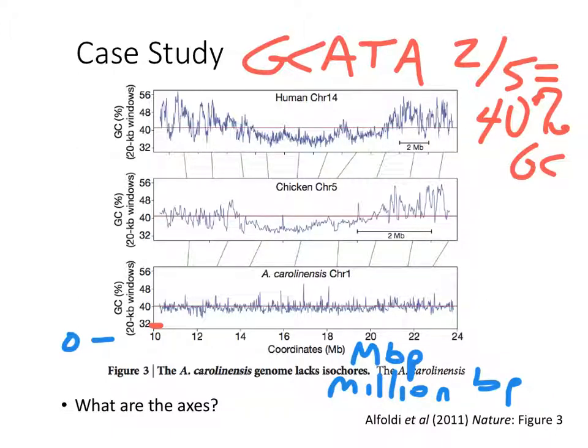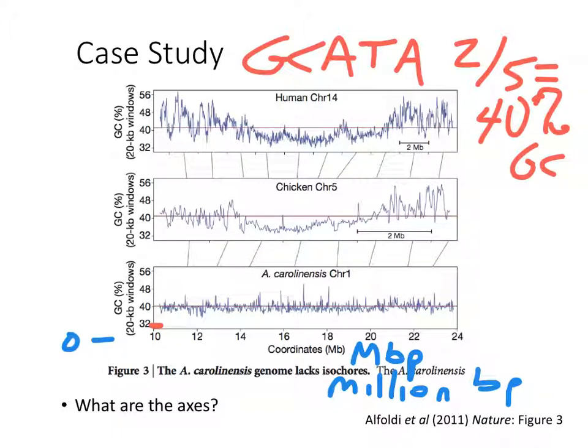So that's what these scientists are doing. They're just doing it on huge stretches of DNA, 20,000 nucleotides at a time. They say, what's the percent of the nucleotides in this part of this chromosome that are G's and C's? And then they measure that at every point along this graph. They keep moving down the chromosome, 20,000 base pairs at a time, calculating this number. Okay, so what does it mean?